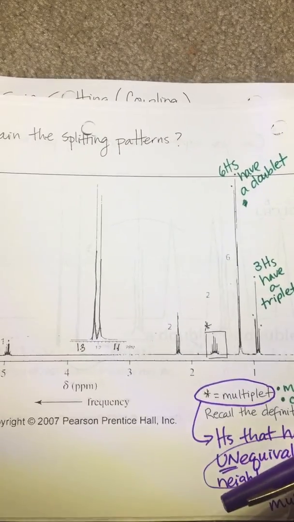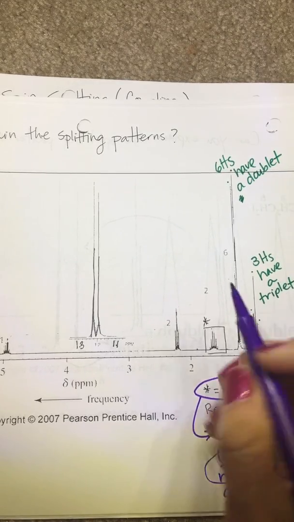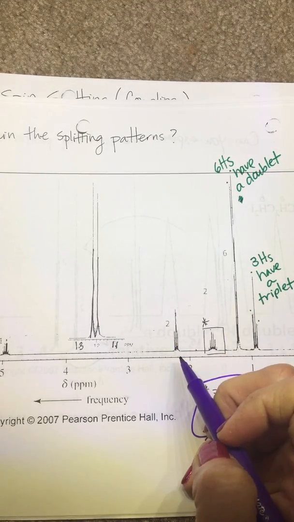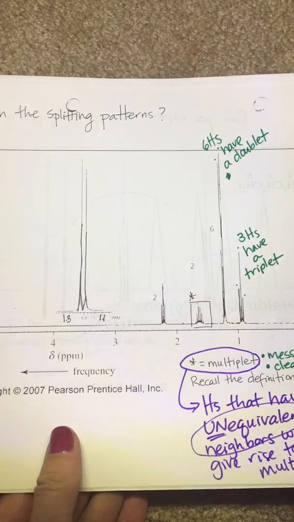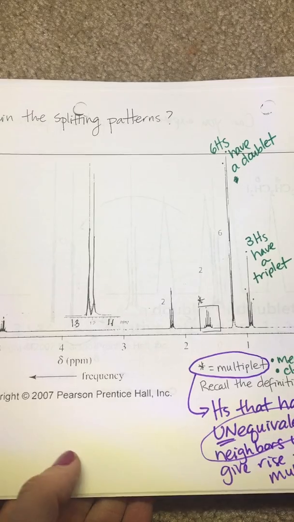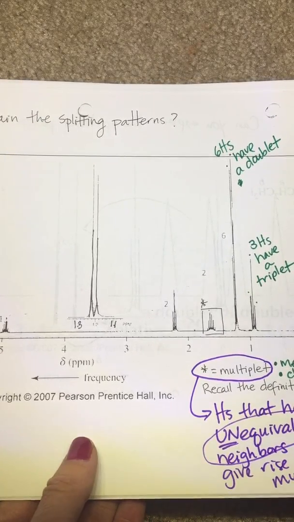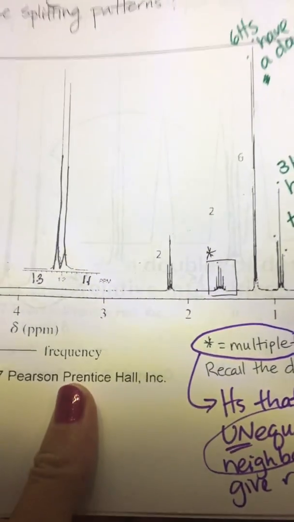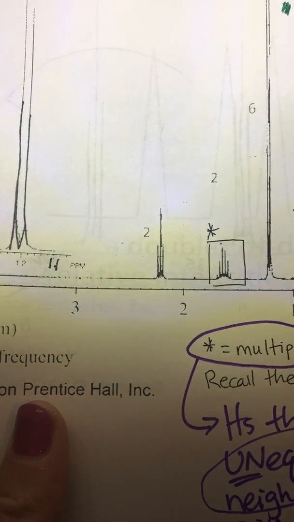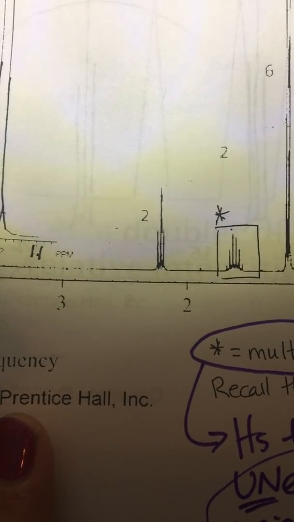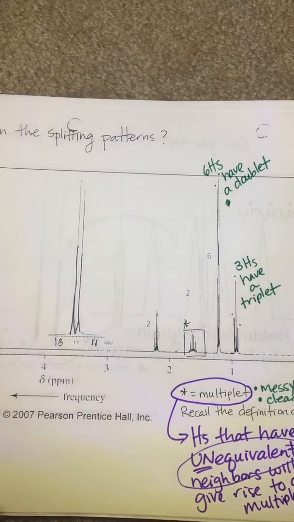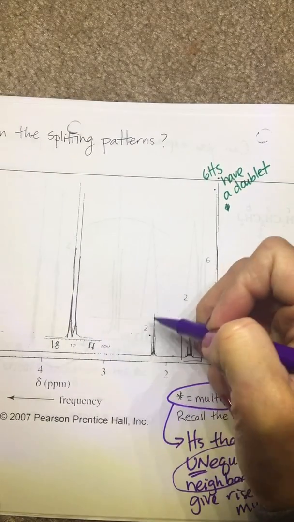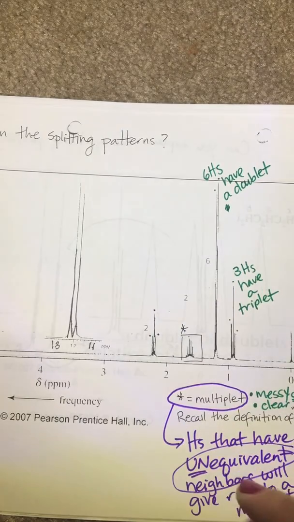Okay, so the next one we've got here would be this one. And again, you have your packets at home, so you can zoom in. Remember, you can download your lab packets online. If you need an extra one of these, I can scan it to you and put it on Canvas. So this next one here, if you get close, that looks like a triplet. We've got 1, 2, 3 lines, and it kind of has that 1 to 3 to 1 sort of ratio.